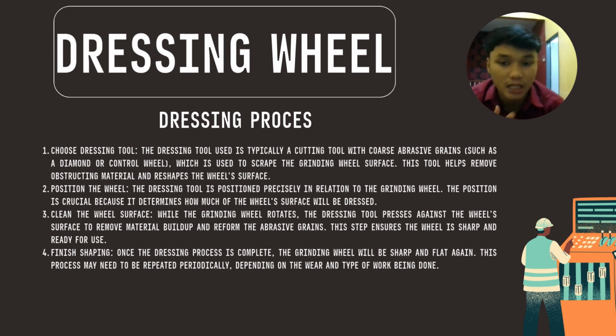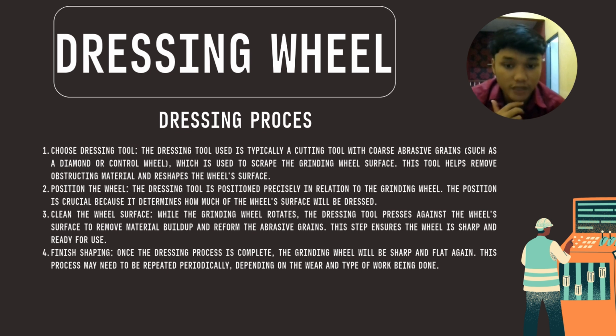Number three is clean the wheel surface. The grinding wheel will rotate against the dressing tool and press the wheel surface to remove material build-up and reform the abrasive grains. This step ensures the wheel is sharp and ready for use.